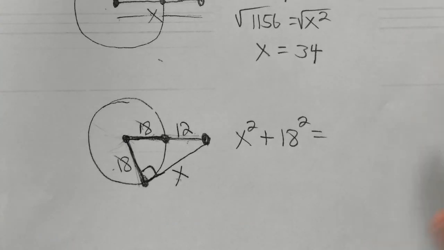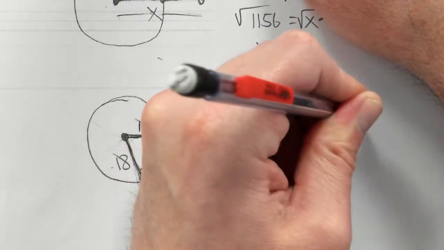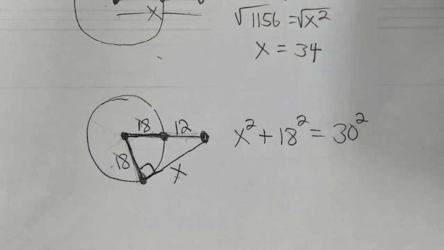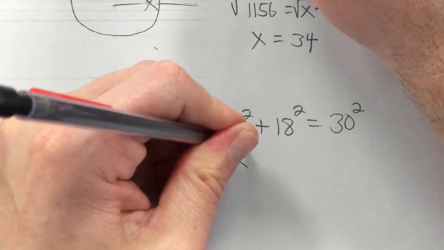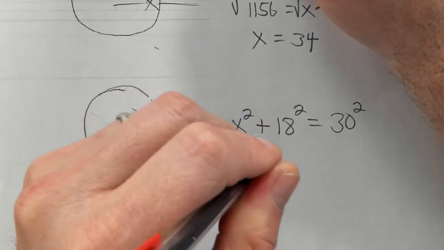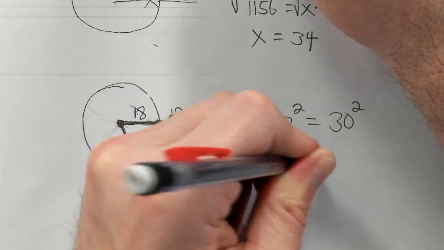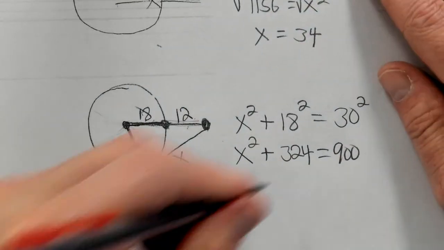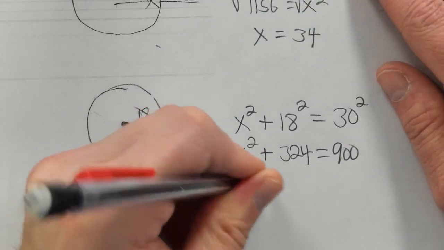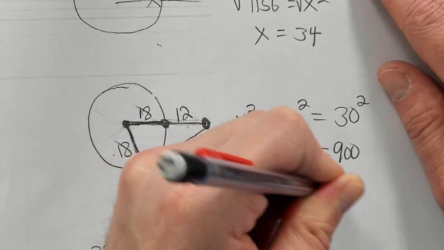Now I can add those two together and make the full hypotenuse 30. And now I have the complete equation. So to finish it, we'll go x squared plus 18 squared is 324. 30 squared is 900. So I need to move the 324 over to the other side. It'll change from plus to a minus, so x squared is equal to 900 minus 324.